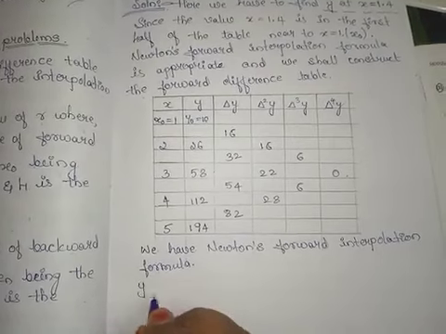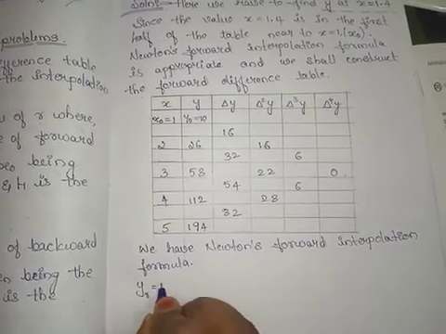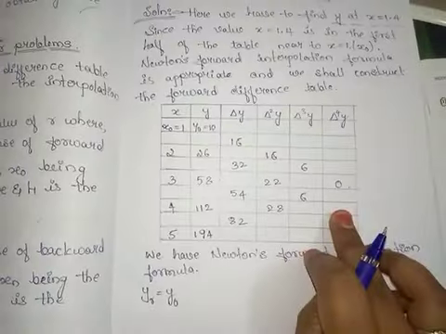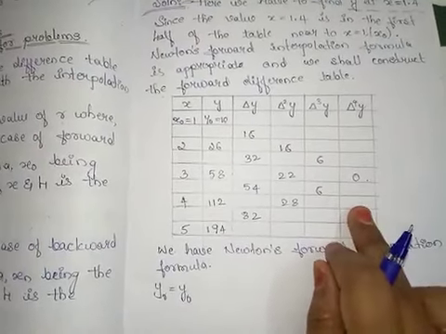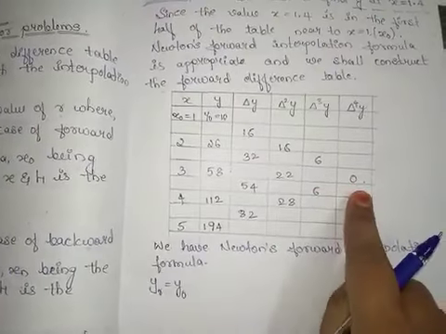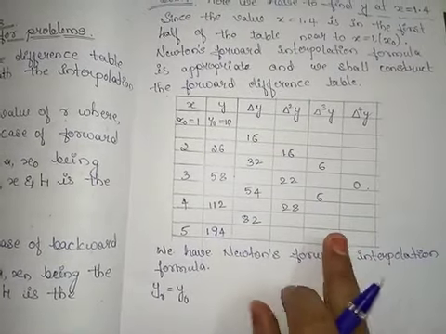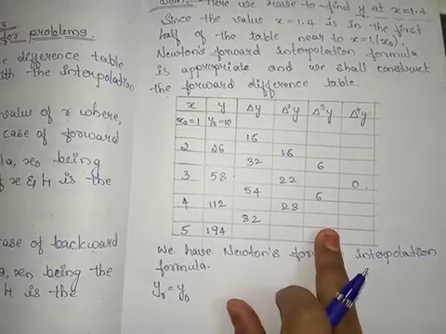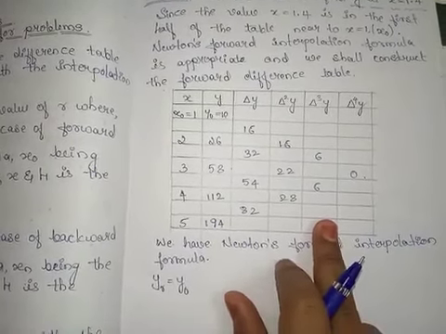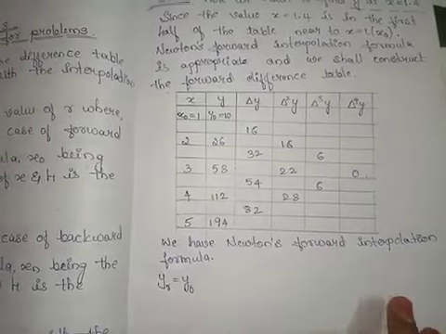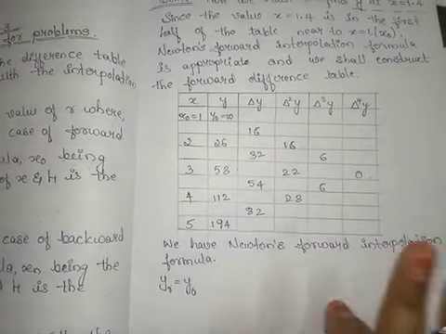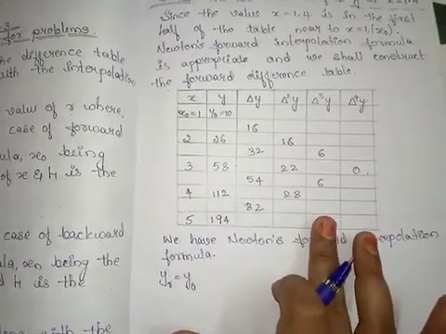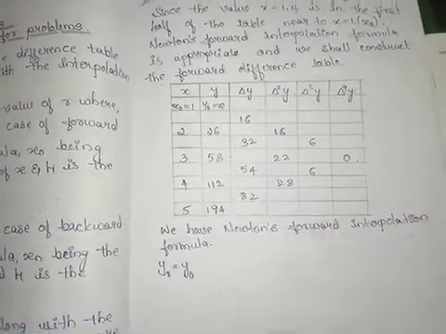That is y = y0. Here we have up to the fourth difference and that term is 0, so you have to write up to the third difference. While writing the formula, you have to write at least the fourth or third difference terms.